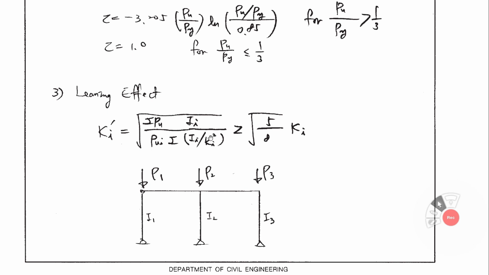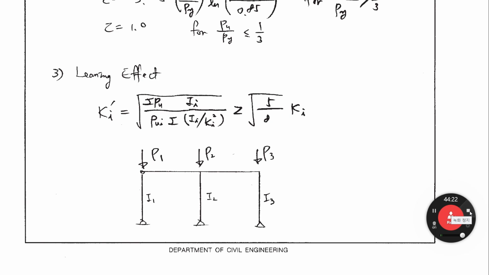That kind of calculation is done in order to consider this leaning effect. So that means column 2 and column 3 help column 1. That is the leaning effect. So the calculated K must be greater than the square root of 5/8 Ki. That is the leaning effect. Let's see you in the next lecture. Bye.